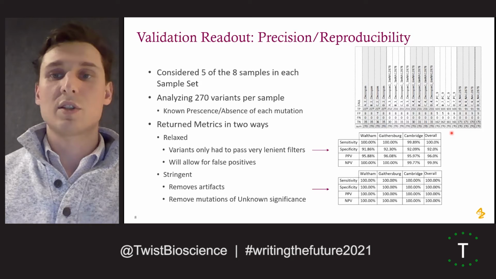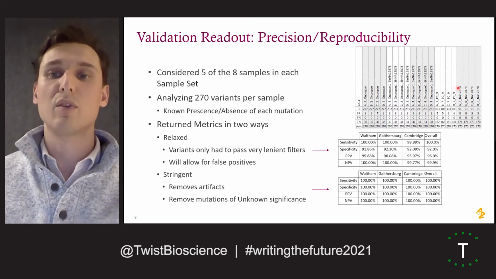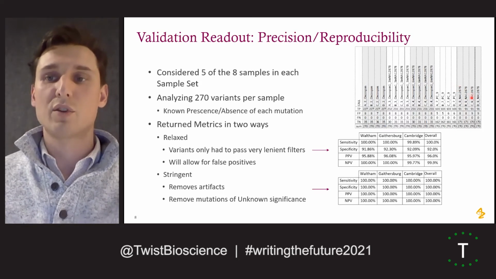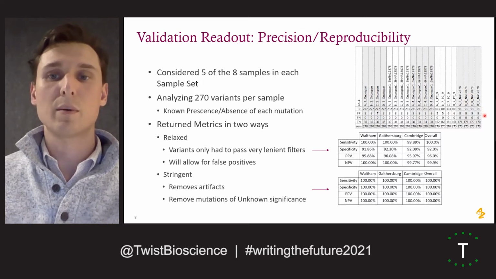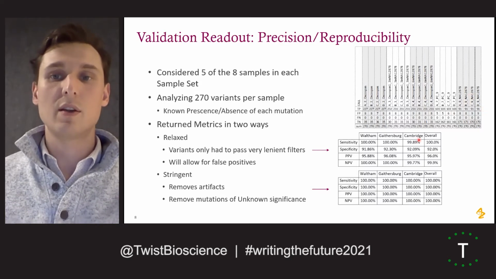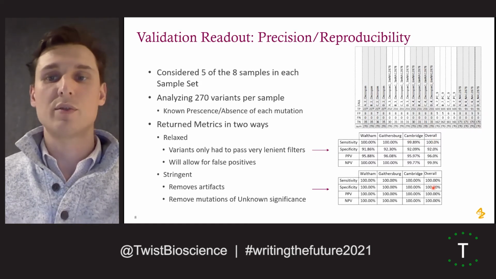So here is just the output. This is the raw data from a relaxed filter set, and you can see the 5 samples that we were using to call here. And here's the site-by-site and overall metrics for the relaxed and the stringent filters.